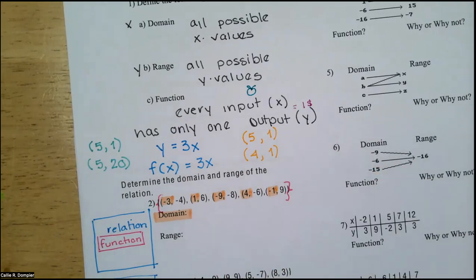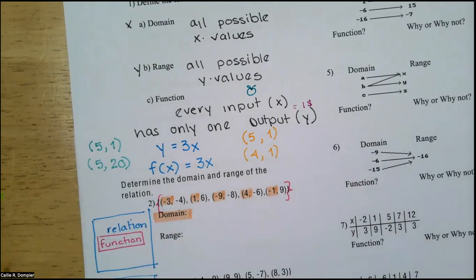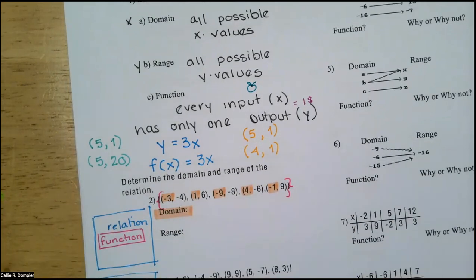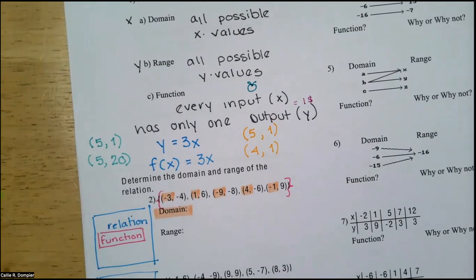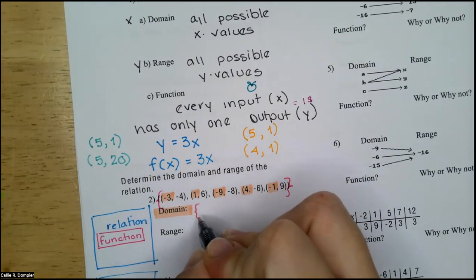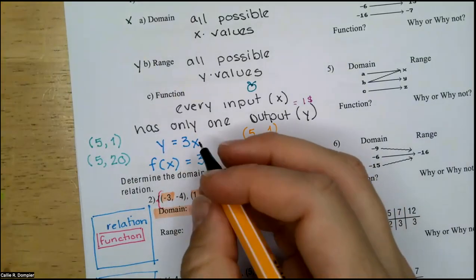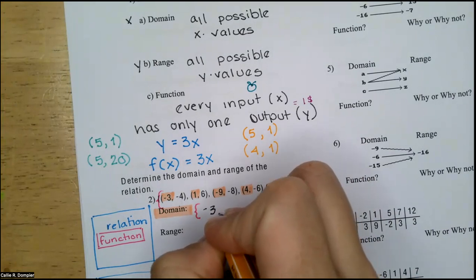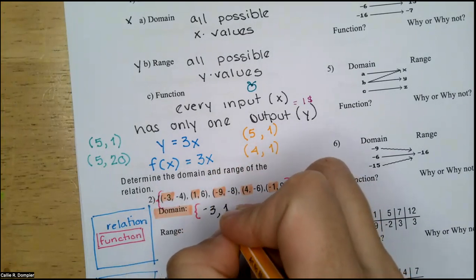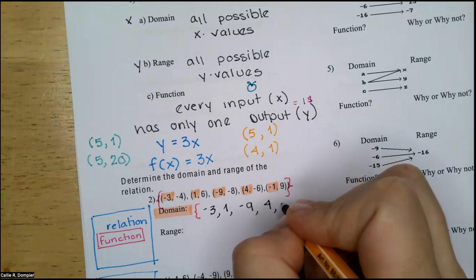So my domain is, how should I write it? Hold on. I'm going to write it including those brackets that we started with. Okay, so those same brackets get the beginning of the domain. Now, -3, I'm just going to put a comma, list your next one. 1, -9, 4, -1.